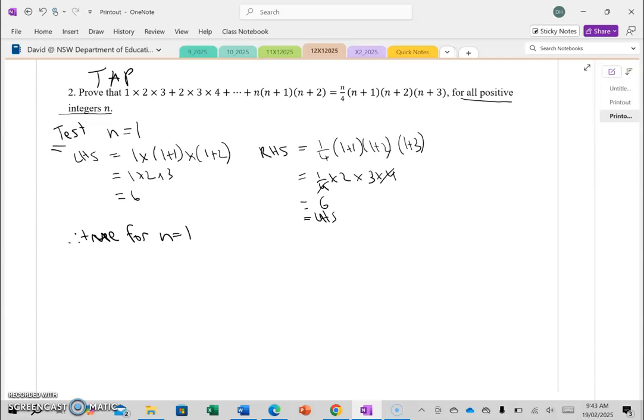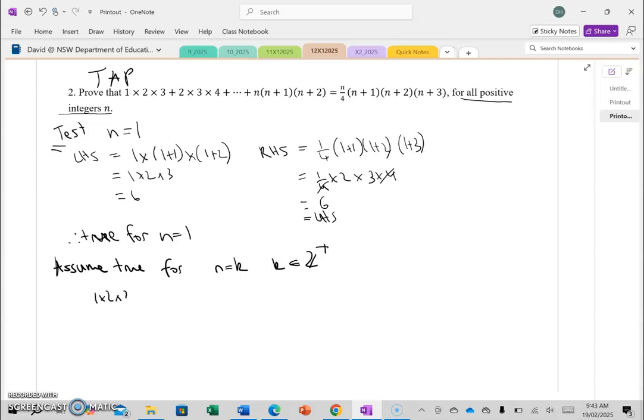So now next is A. We're going to assume true for n equals k, where k matches whatever n is. So k is a positive integer just like n. K is an element of the positive integers. I'm going to write what that is. I'm rewriting the original statement but changing all n's to k.